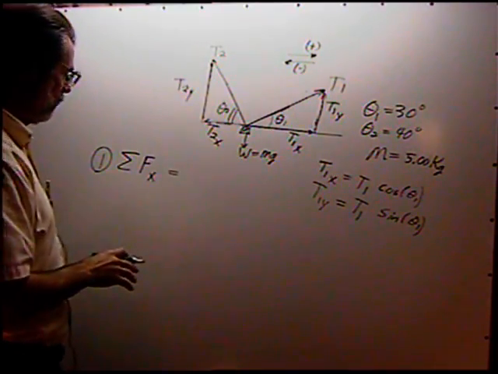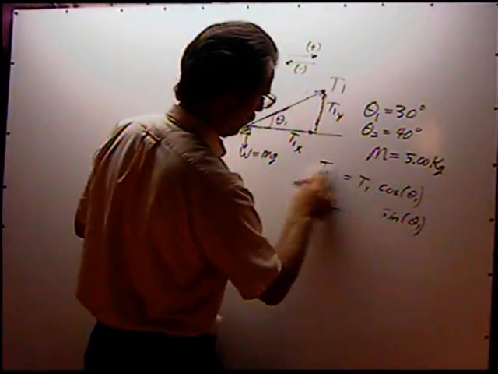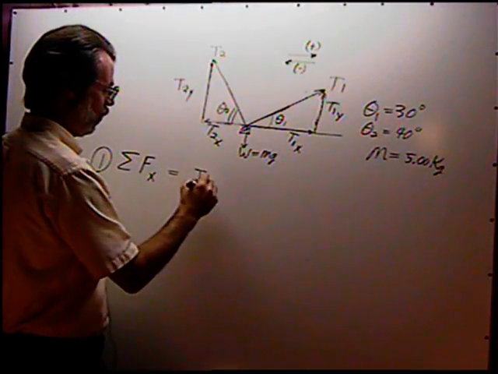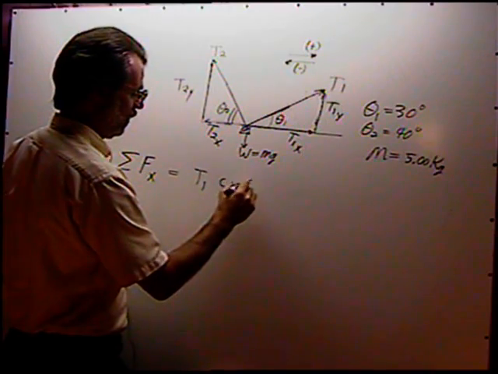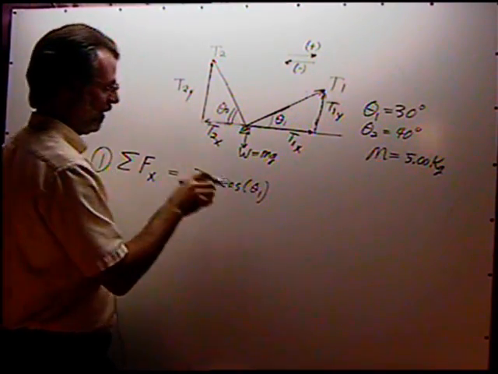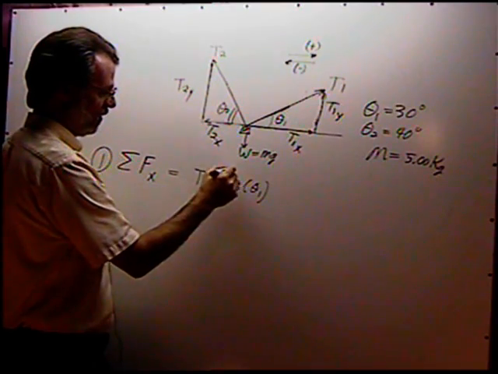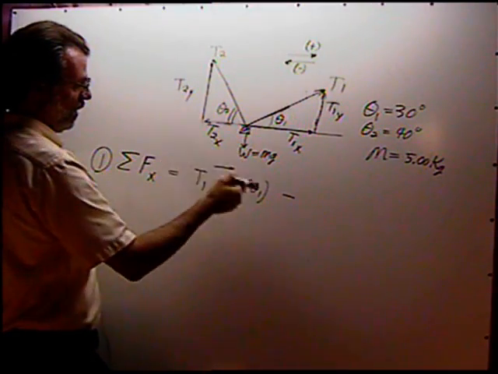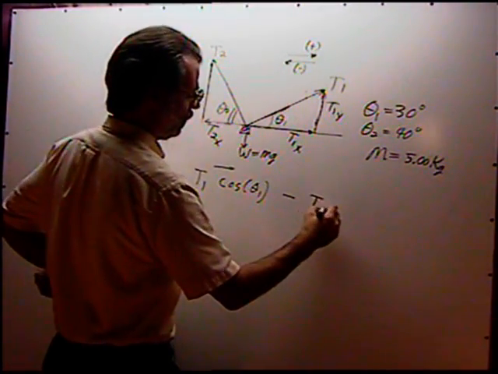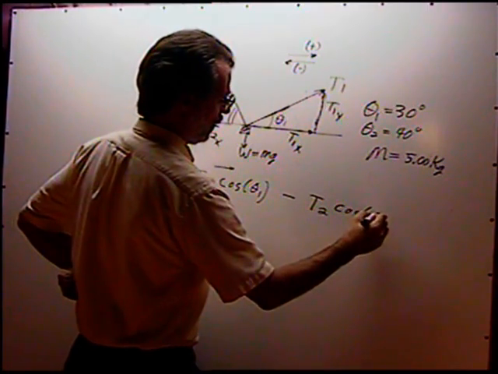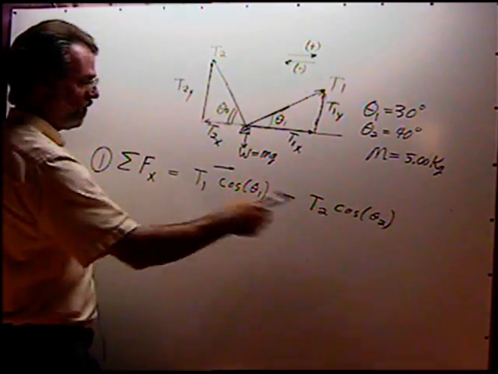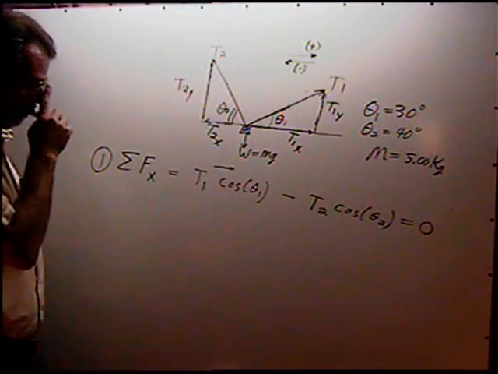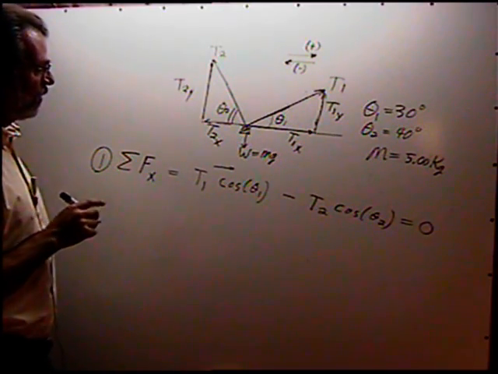So in the x dimension, we have T1 cosine of theta 1 acting to the right, and to the left, with a minus sign, is T2 times the cosine of theta 2. And the sum of these equals 0. So that gives us one equation.